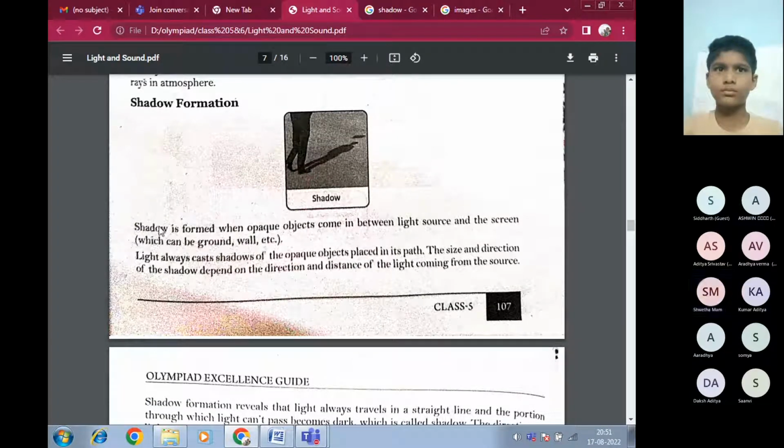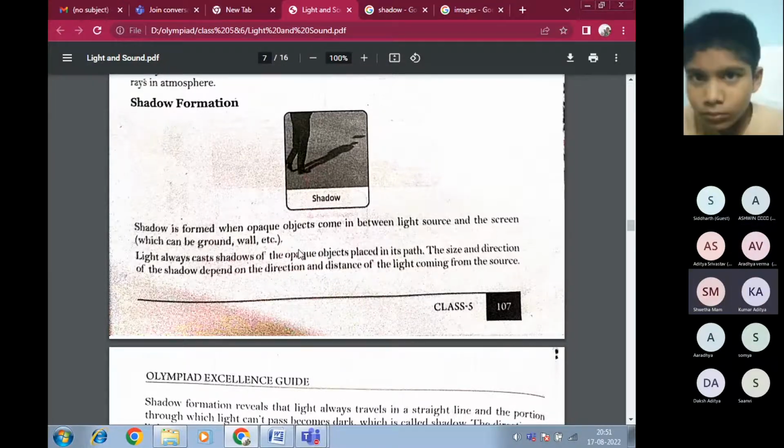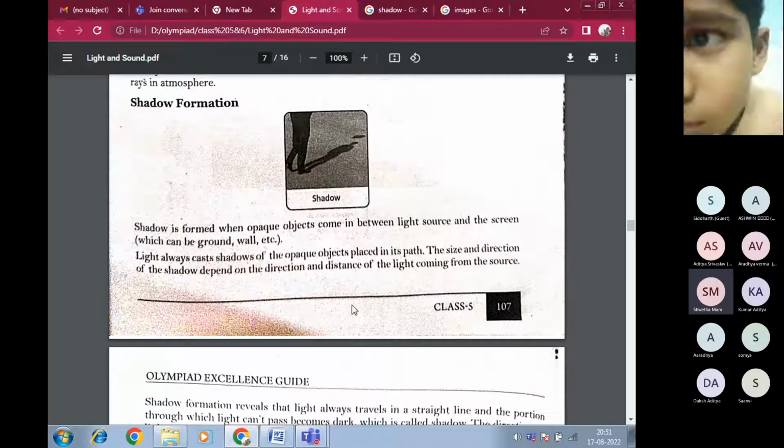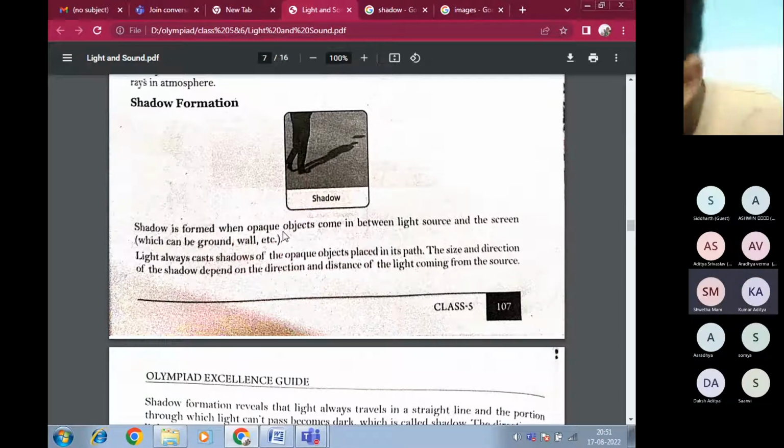Yes, this line is enough. The screen can be a ground or wall, anything. Sometimes on your book also, on your paper also, anything. The shadow, sorry, not the image.